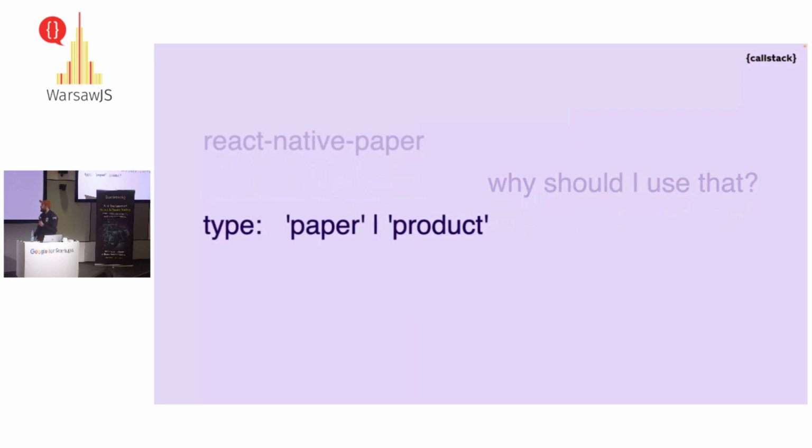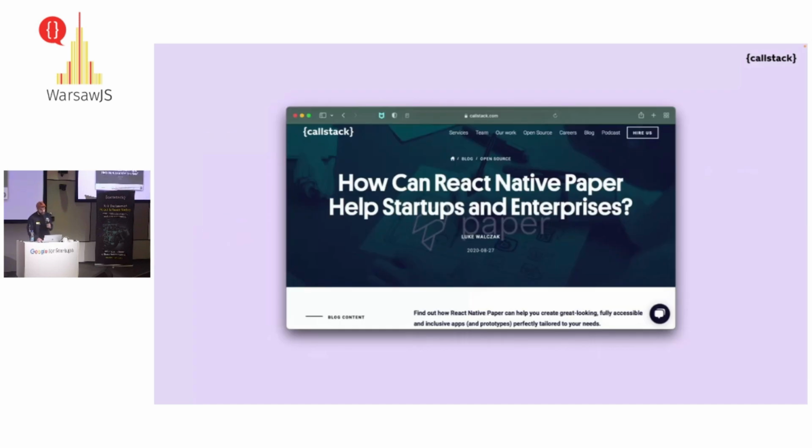So yes, we can say that Paper is a product, but it's also a solution to the product creation process, and it can definitely help startups and enterprises. Two years ago, I wrote an article about that, and it's still valid. If you want to dive more into that topic, you can check the Kostak blog.